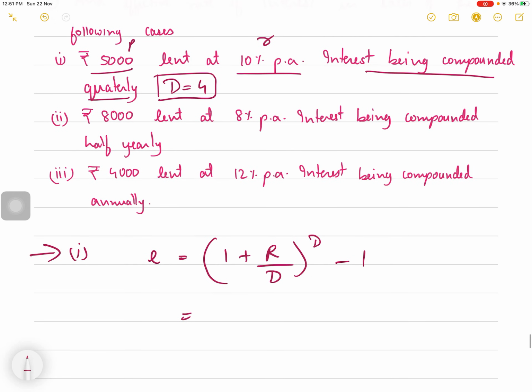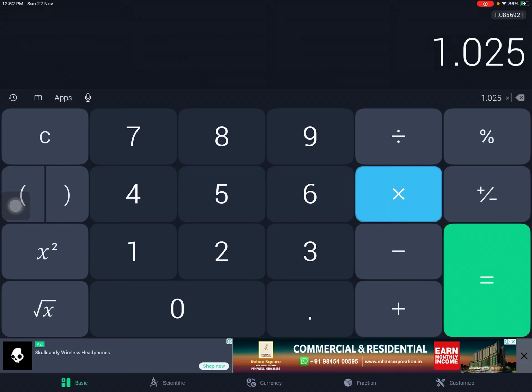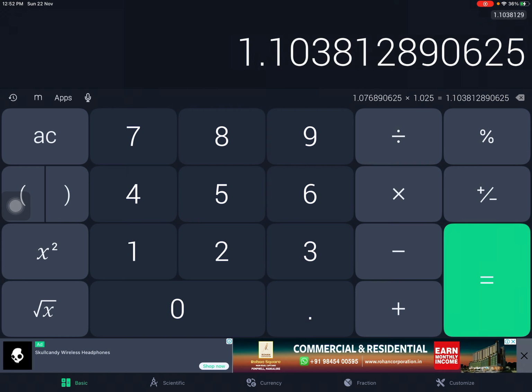1.025 into 1.025 and so on, is equal to 1.1038. 1.1038 minus 1 is 0.1038.